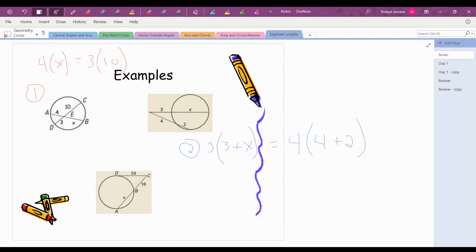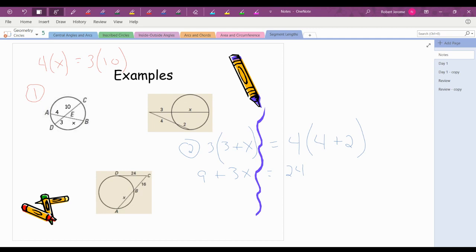So now as we do our work, we just want to be careful, make sure we do our distribution. So we have 9 plus 3x, and that equals 4 times 6 for 24. Okay, so we have to be careful here. And I'm going to leave you to finish that up and find x.